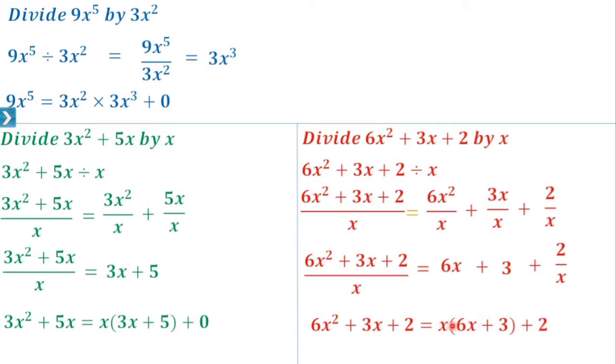Here x is the divisor, 6x plus 3 is the quotient, 2 is the remainder. Here remainder not equal to 0, so we can say that divisor is not a factor of dividend.